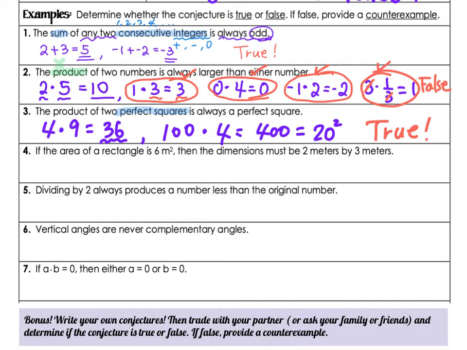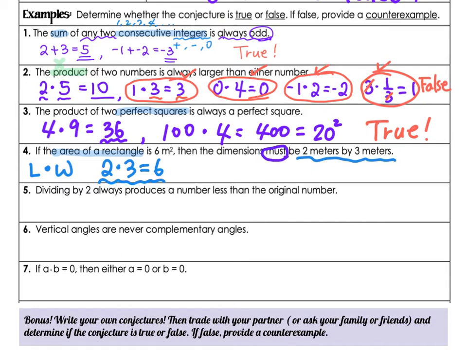Number 4, if the area of a rectangle is 6 square meters, then the dimensions must be 2 meters by 3 meters. Let's see if it's true. So how do we get the area of a rectangle? That's right. We multiply length times width, right? So 2 times 3 is 6. So that is a correct one. However, it says must.